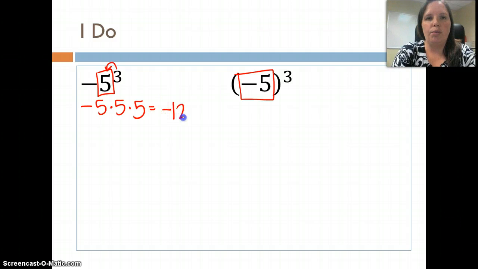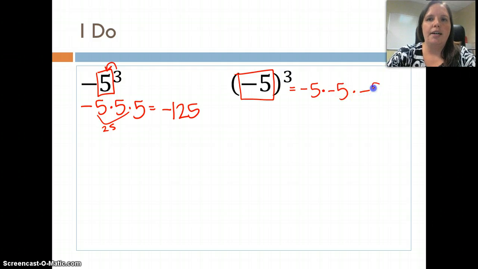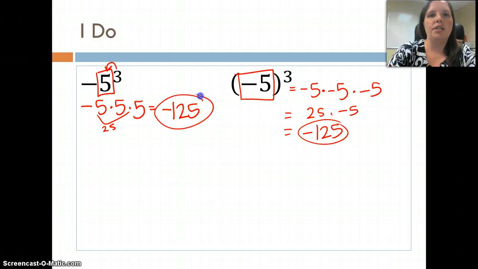So this is -125. That's 25 times 5. And in this one, it's -5 times -5 times -5. Well, -5 times -5 is 25, times -5 is still -125. But how we got to those two different answers, it's important to distinguish between the two.